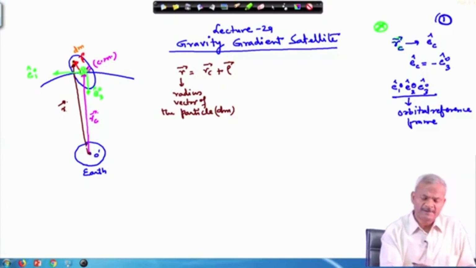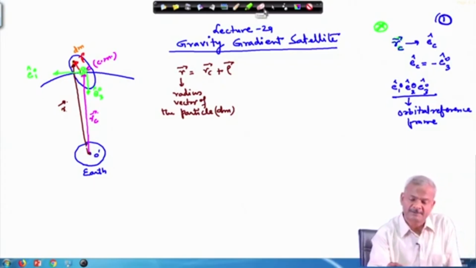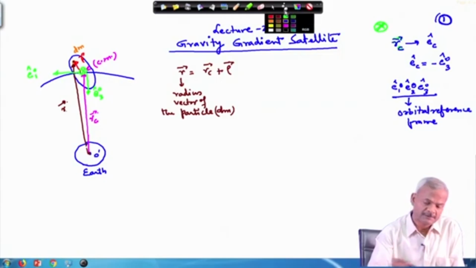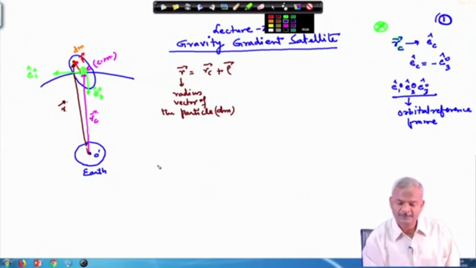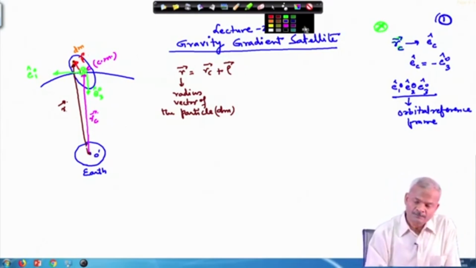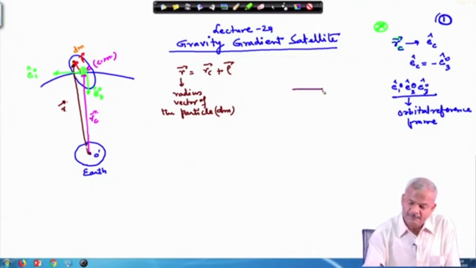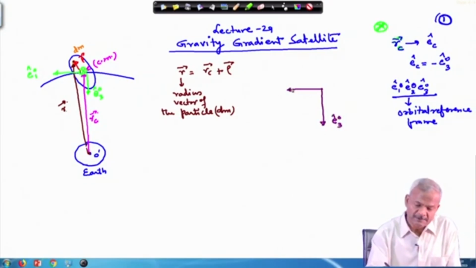And then the body axis system is oriented with respect to this orbital reference frame. I will not show it here, otherwise this figure will get totally destroyed. So let me show it somewhere else. This is your E O 3 cap, in this direction you have O 1, and going into the page.